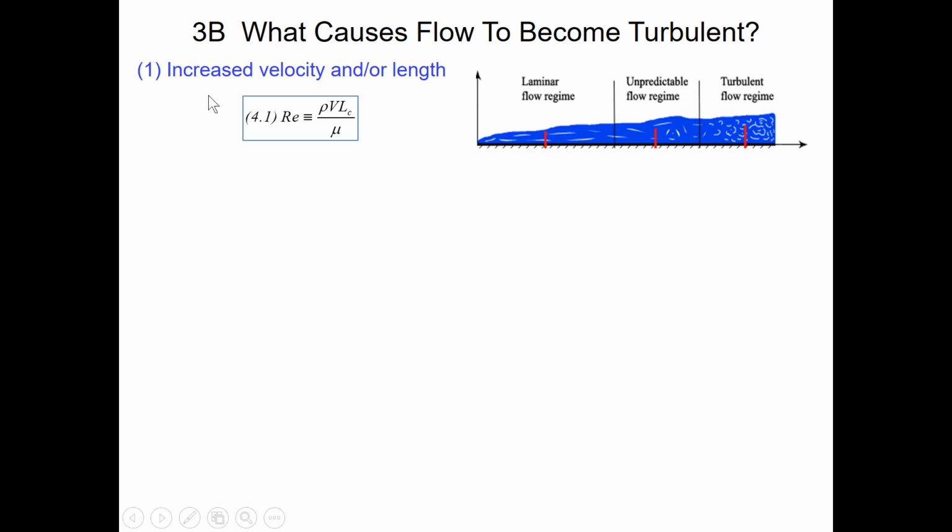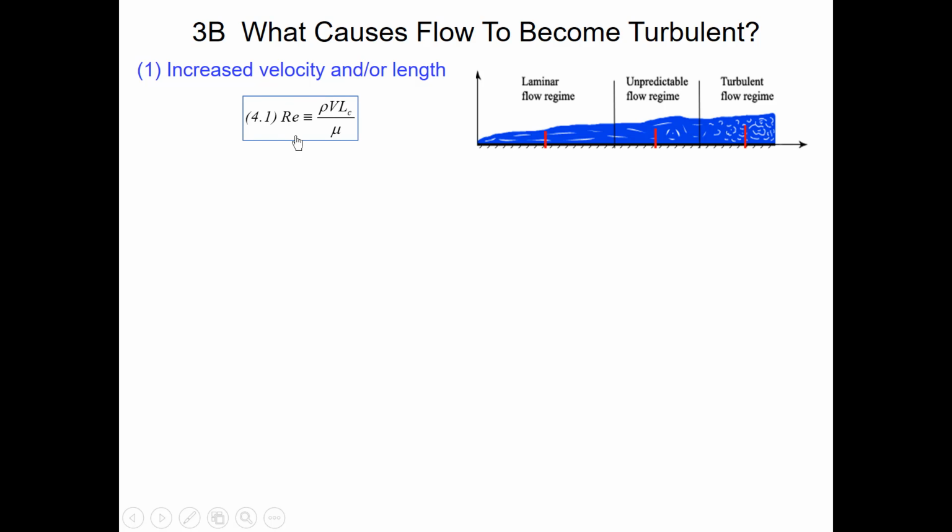B. You may wonder, what causes a flow to become turbulent? The answer is, the first cause is the increased velocity and increased length.